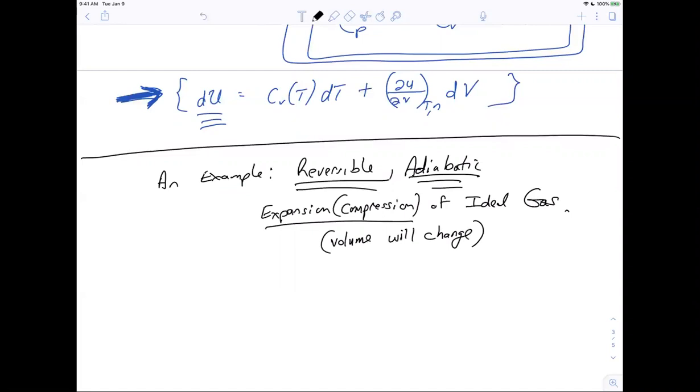So we're going to consider a process. It's reversible, so there's a lot of information already. It's reversible, it's adiabatic, the volume will change, and we have an ideal gas. So in all of this, there's so much information that you can consider a solution or a problem that may ask you for some implications of this process.